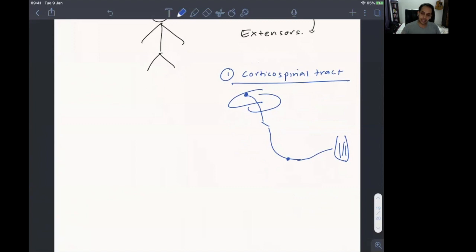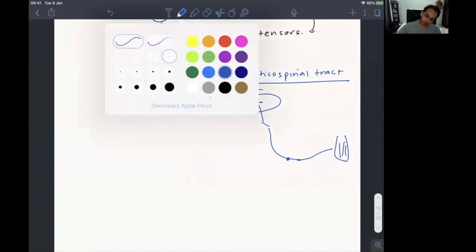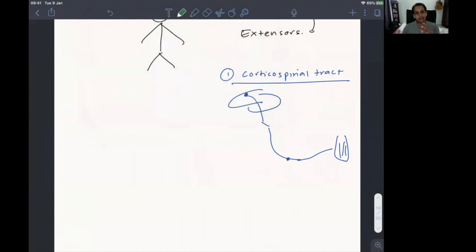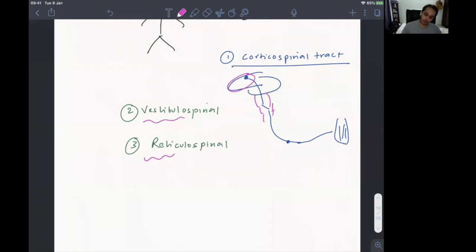So because of that, you have pattern generators, and the two tracts that support the corticospinal tract and modulate it are known as vestibulospinal and reticulospinal. So what are the functions? What does the vestibulospinal tract do and what does the reticulospinal tract do?